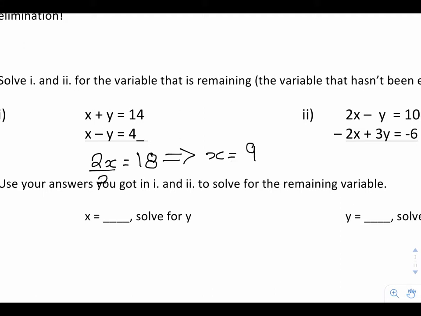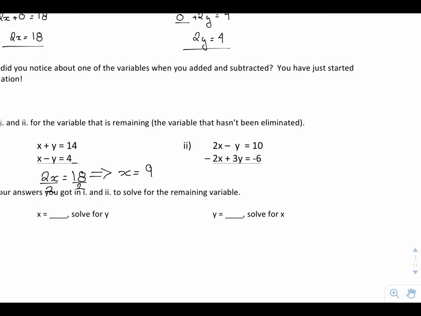Here I divide by 2, here I divide by 2. In the second one, we had 2y equals 4. I'm going to copy it and paste it here. To solve for y, we divide both sides by 2, and I end up with y equals 2.